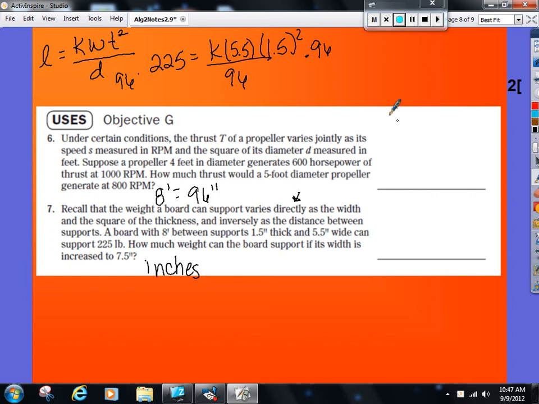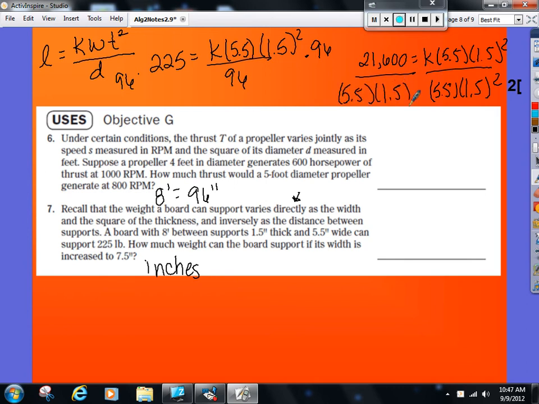I get 21,600 equals K times 5.5 times 1.5 squared. Divide both sides by this mess, 5.5 times 1.5 squared. I'm so excited to figure out what K is.